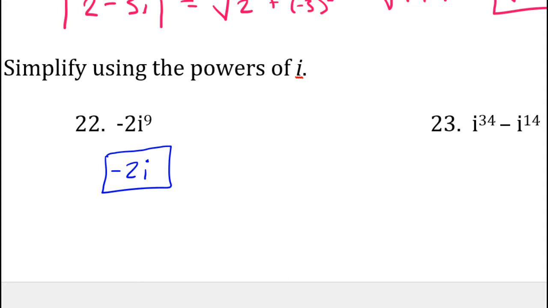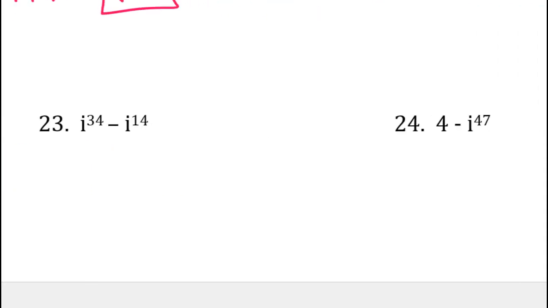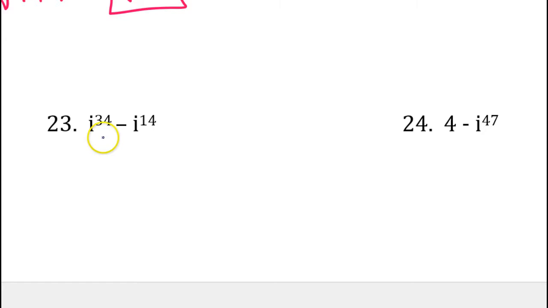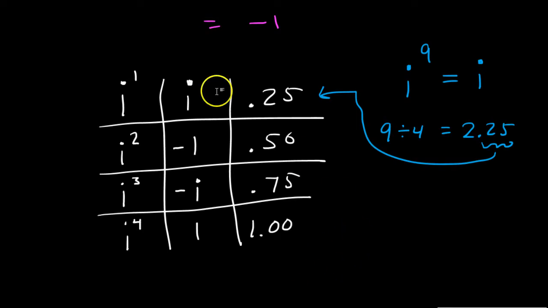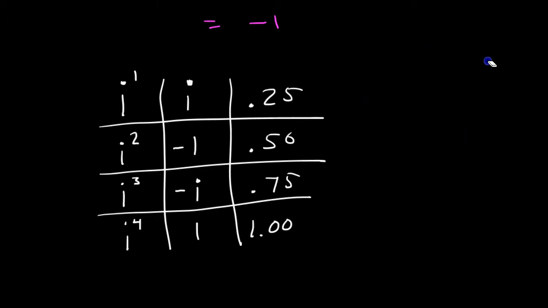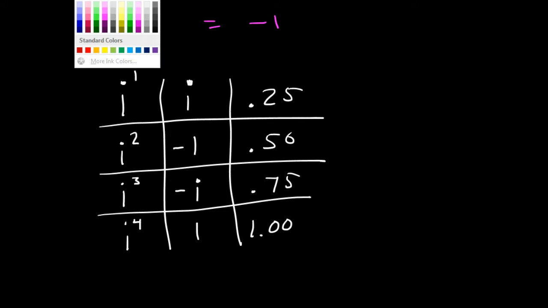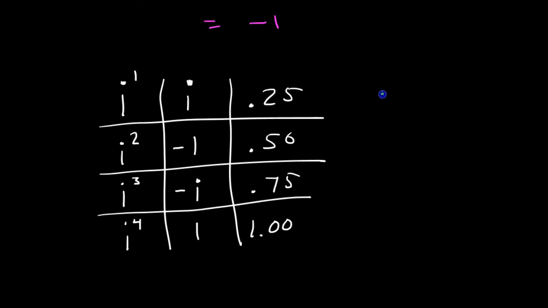Now looking at problem number 23. If I've got i to the 34 power, then I'm going to do 34 divided by 4 and see what I get.